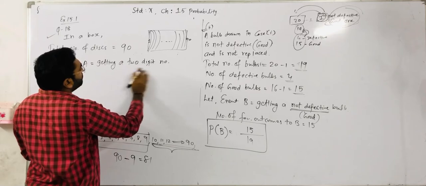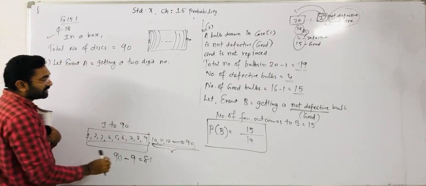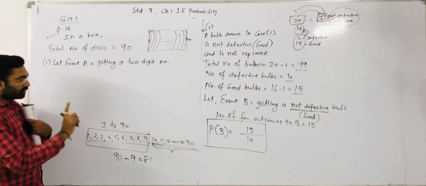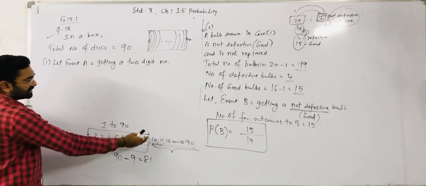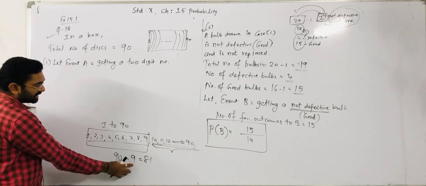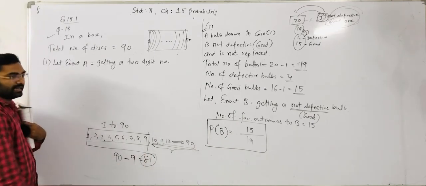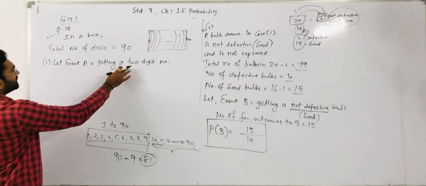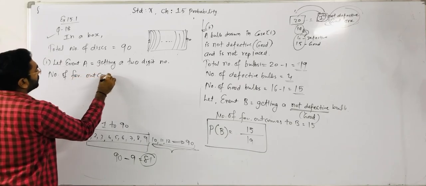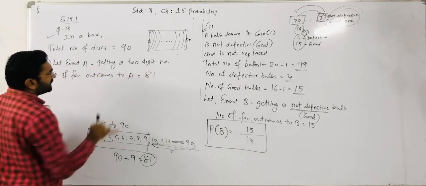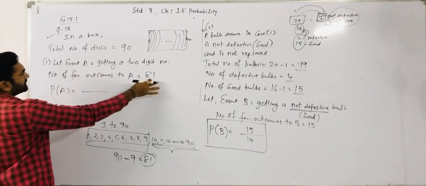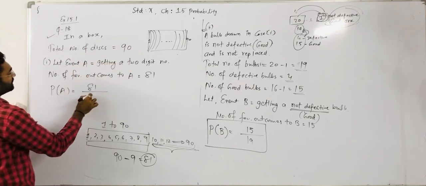They said we require 2-digit number discs. So how many discs are we getting? From 1 to 90, these are 1-digit numbers, so from the total 90 discs we subtract the 9 discs which have a 1-digit number, and we get the remaining discs, all 2-digit numbers. So the number of favorable outcomes to that event is 81. The probability of that event is favorable outcomes 81 over the total number of discs, 90.